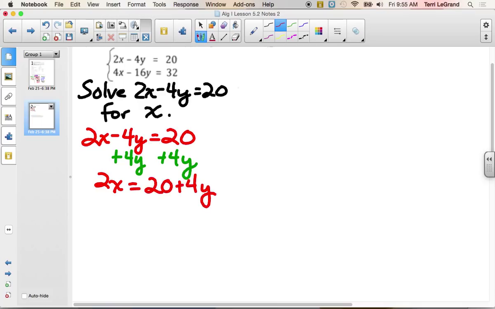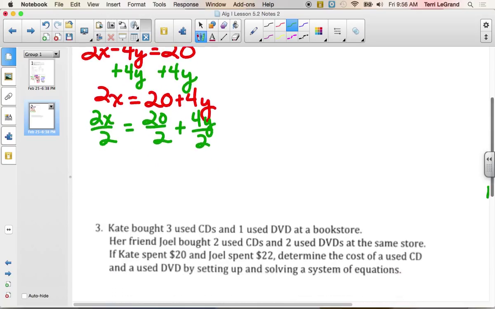Okay, next move. Divide everything by 2. So 2x gets divided by 2, 20 gets divided by 2, 4y gets divided by 2. And we have our new name for the first equation: x equals 10 plus 2y.